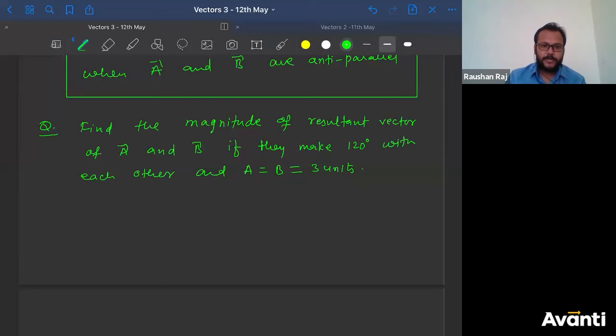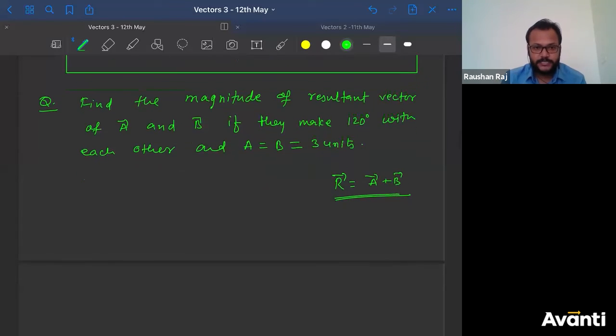Find the magnitude of the resultant vector of A and B. The resultant R is nothing but vector A plus vector B. A and B have the same magnitude, but the angle between them is 120 degrees. What is the answer? Vishwa is saying 3, Kirtan 3. Everyone has said 3. Okay, we'll solve it down.